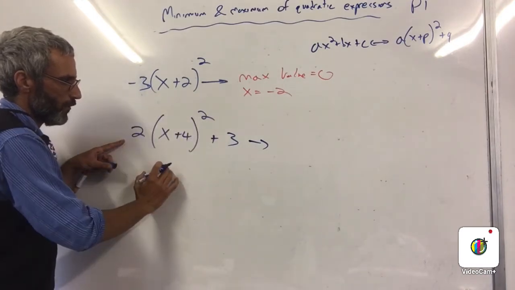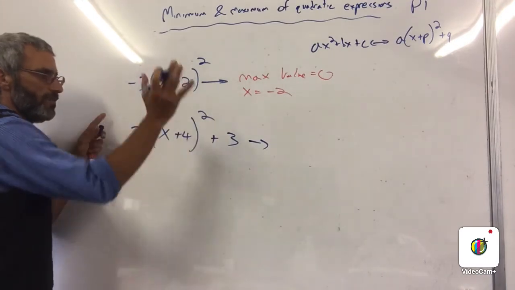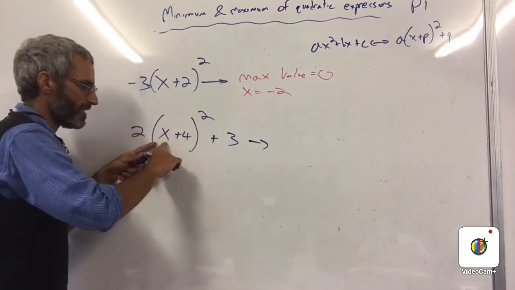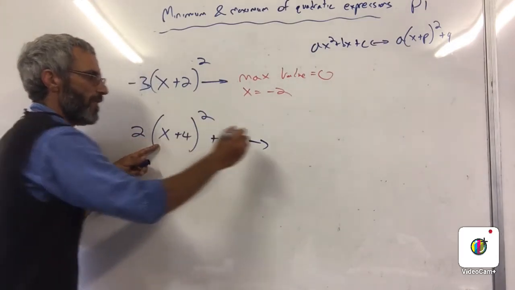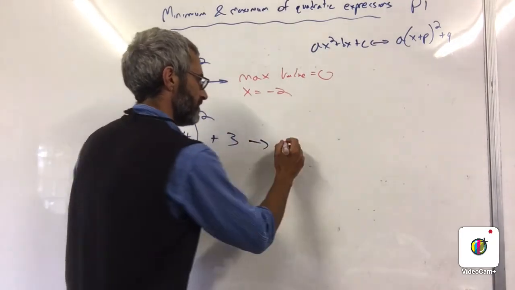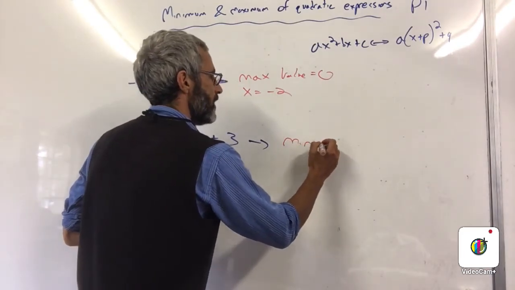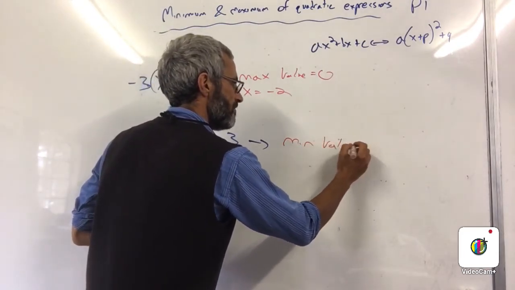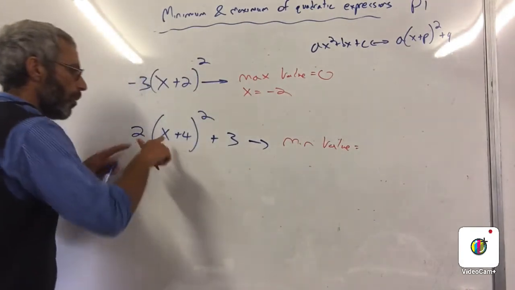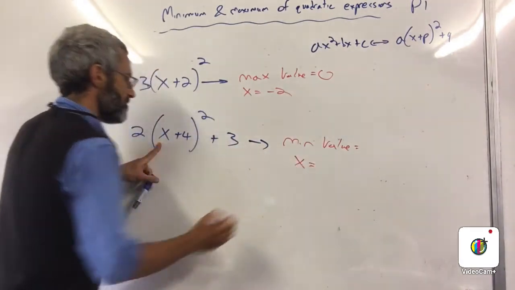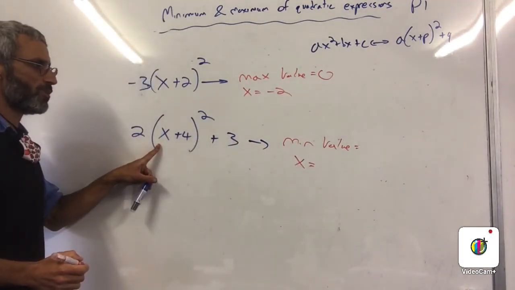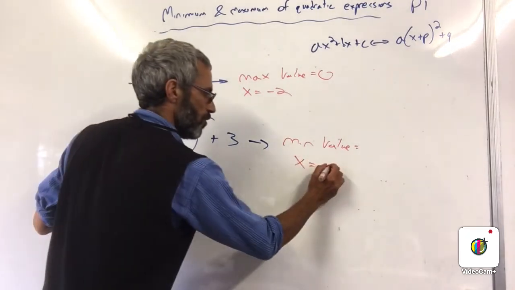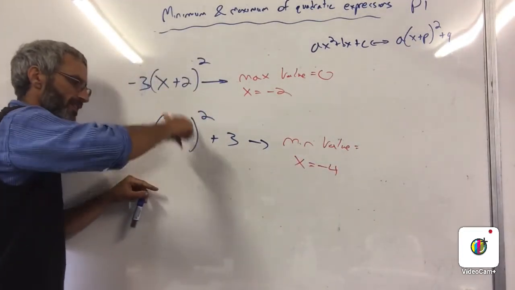It's just going to get bigger and bigger and bigger as x changes, but that means there is a minimum. I'm not going to write what the minimum value is yet. For which x is it going to be minimum? When x equals negative 4, because then this thing is 0.